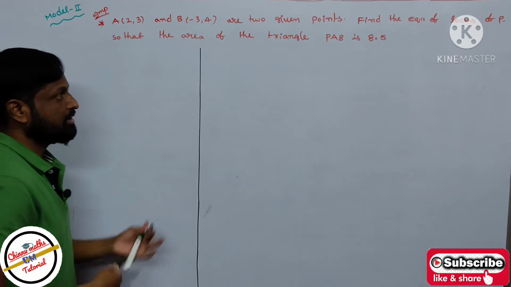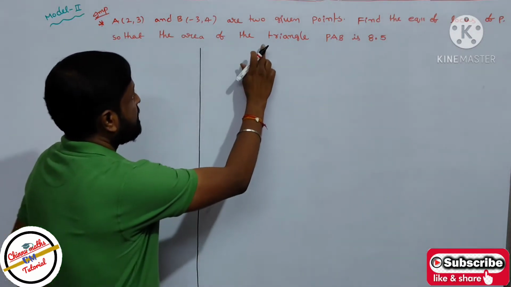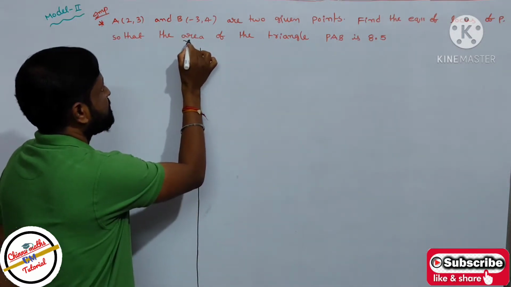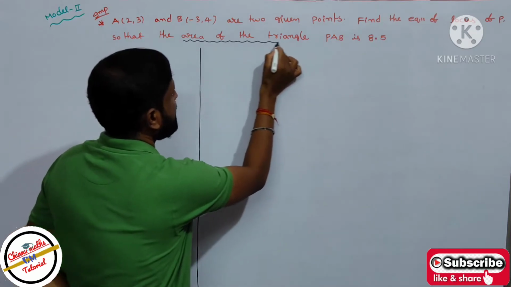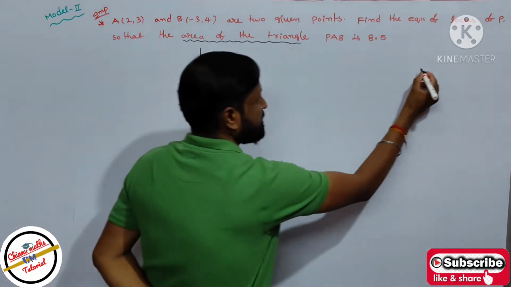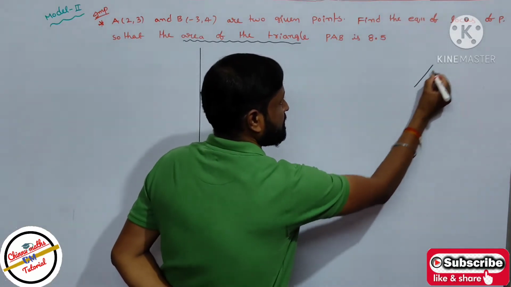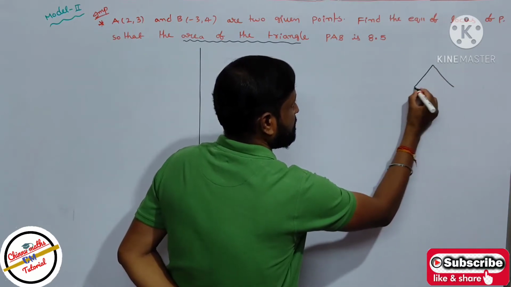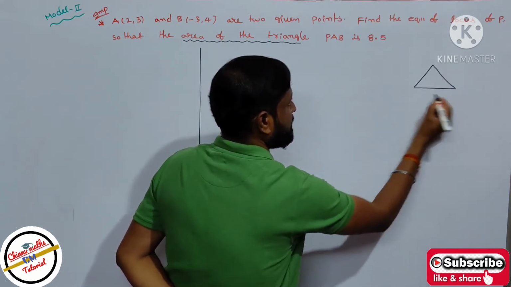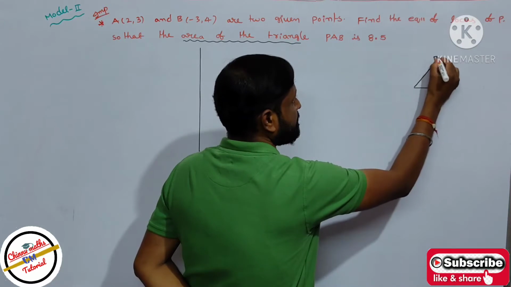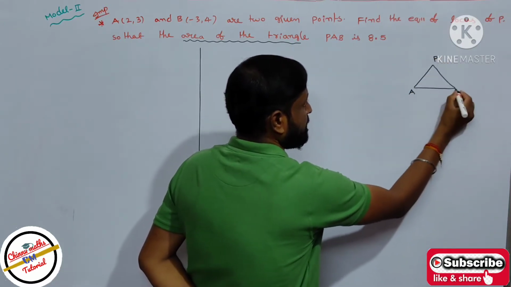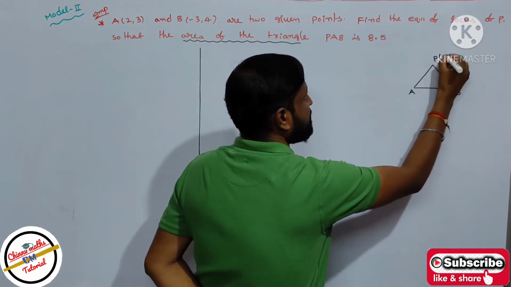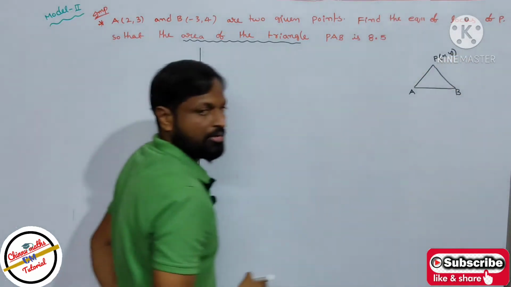See here, what is given? The area of the triangle. We can observe that, so that means I will take one triangle that is equal to PAB. P is always taken as the point (x, y).